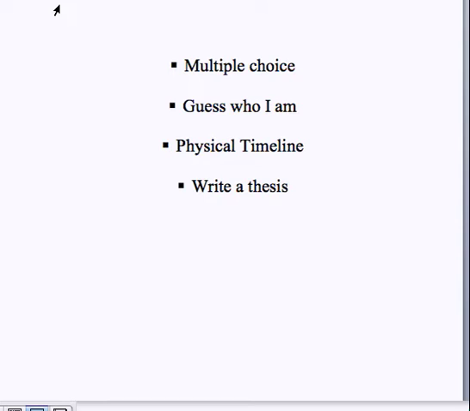Then, when they're done with the multiple choice, we will quickly go through the answers. I may have them do a pair and share, or if we're running low on time, I may just read the answer to the question, or have students read answers and make sure they got it correct.